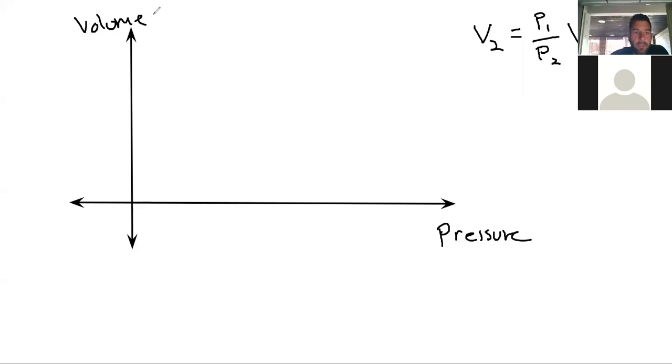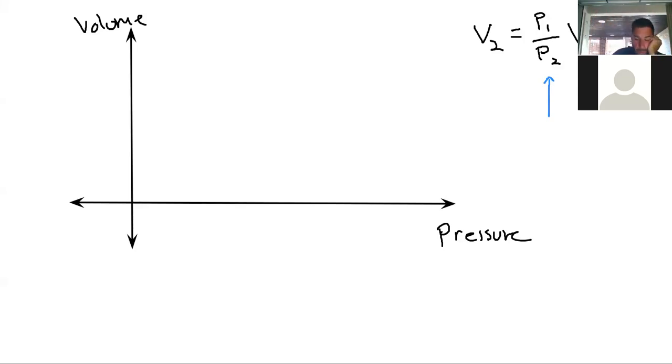So what happens as, let's imagine that the pressure increases. So if I go from an initial pressure, and as it increases, what happens to this number right here? So let's look at this fraction, P1 over P2. If I have a number P1, a positive number, and then I enlarge it to be P2.